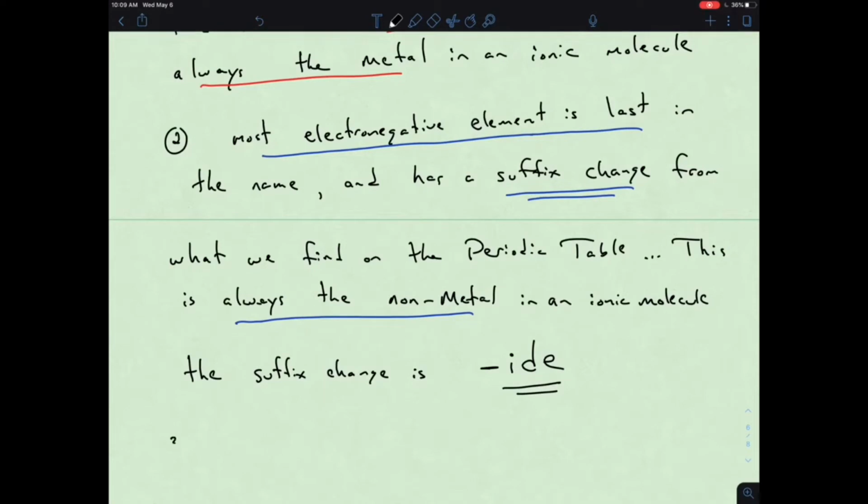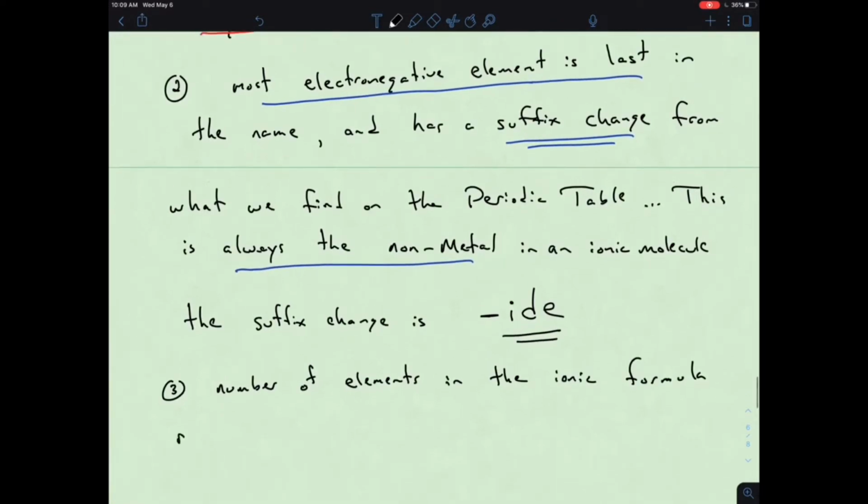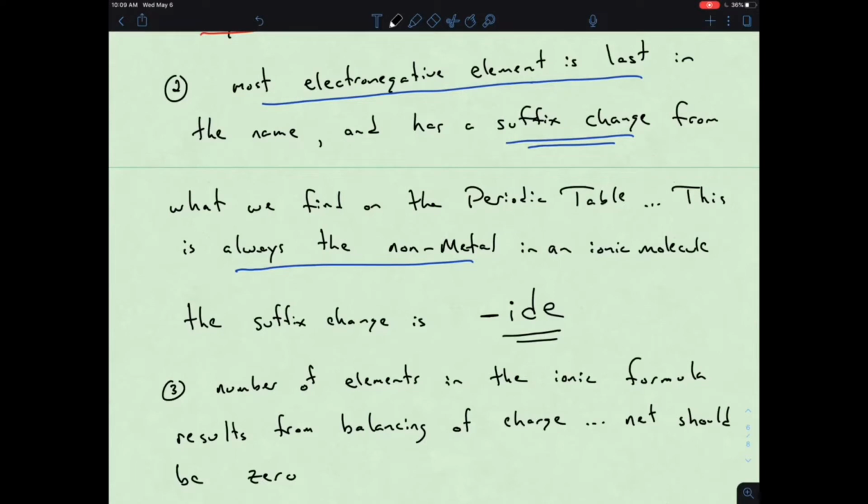And then the last rule, which we touched on earlier, is just that the number of elements in the formula basically just results from a balancing of charge, where the net should be 0.